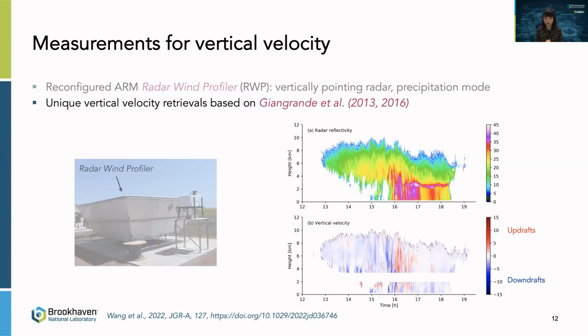And this plot shows you one of the Oklahoma cases. You have radar reflectivity on the top panel as a function of time and height. And you have vertical velocity retrievals plotted on the bottom, also in the same time-height space. The red colors here indicate updrafts and blues are downdrafts.